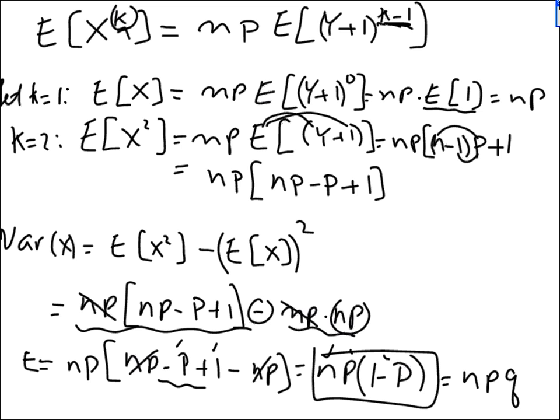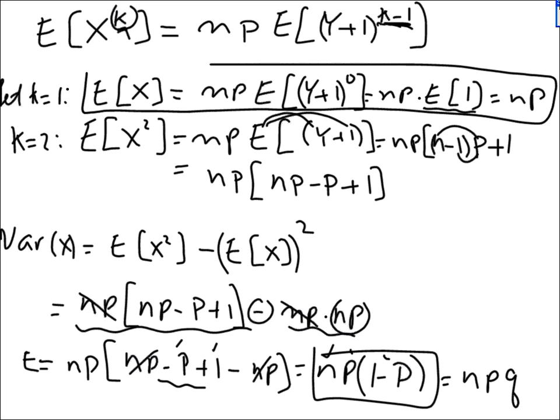So the expected value of a binomial random variable is n times p. So why don't we do a couple of examples to calculate the expected value and the variance. A nice type of problem to do would be a coin problem. You toss a coin a certain number of times.